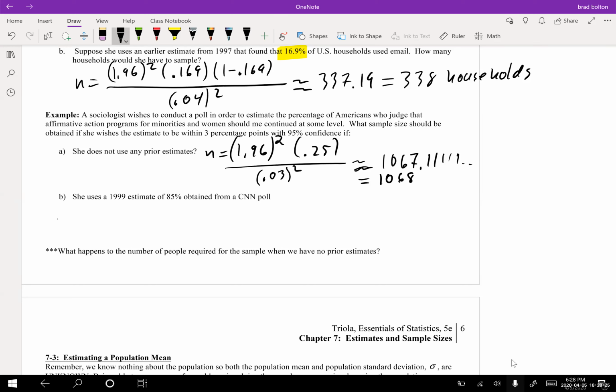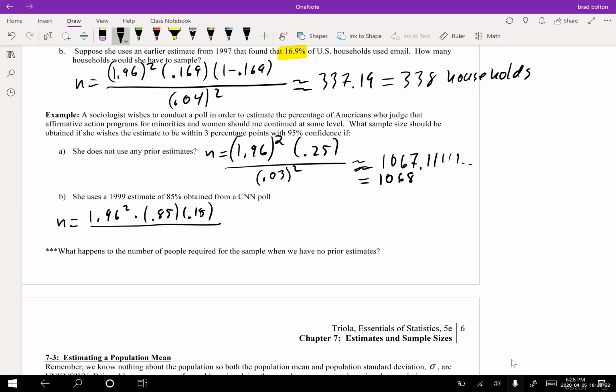In this one, we're going to use the same thing as last time, 1.96 squared. But this time they're saying that we know an estimate of 85% obtained from CNN polls. So we know our population proportion estimate P hat. We're going to use 0.85. That means that Q hat has to be 0.15. Remember, I'm just doing 1 minus P hat.